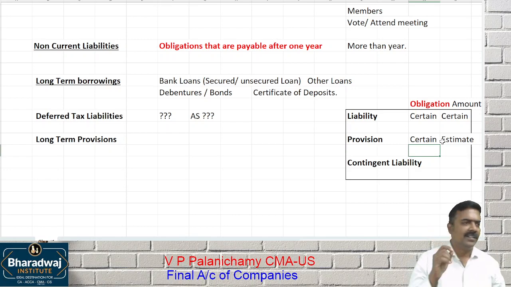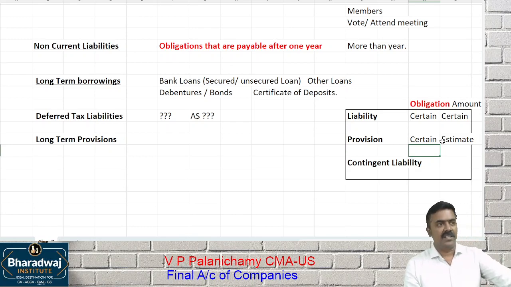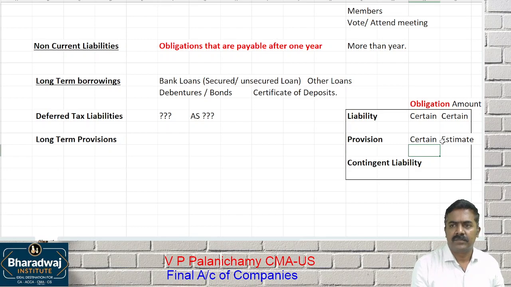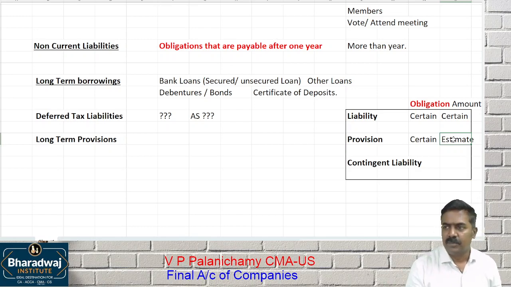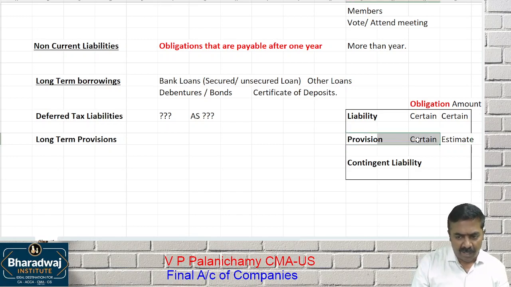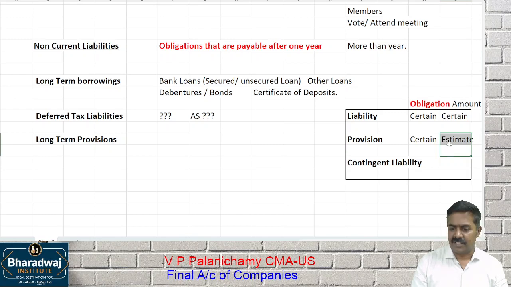Is it possible to tell exactly how much you have to pay today, how much she will get after 25 years? No. So that is an estimate. We estimate provision for gratuity and retirement benefits. The obligation is certain, yes, we have to pay gratuity, but the amount is an estimate.